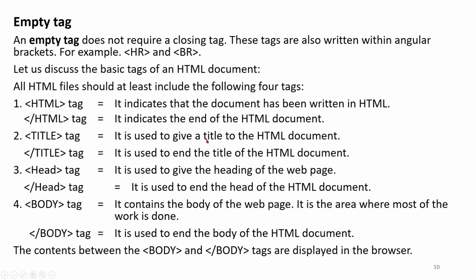The title tag is used to give a title to the HTML document, and slash title is used to end the title of the HTML document inside the program. The head tag is used to give the heading of the web page, and slash head is used to end the head of the HTML document.